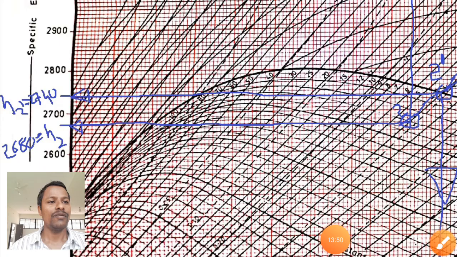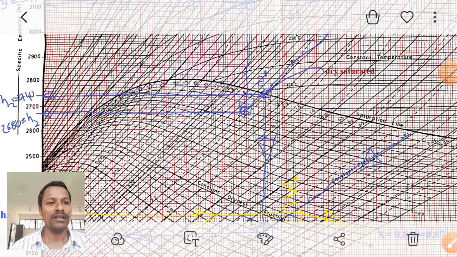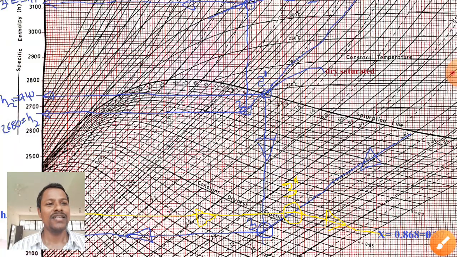So now from H2 dash I can draw one vertical line, that is the isentropic line, till it cuts the condenser pressure. There I will be able to mark the point 3 on the Mollier chart.